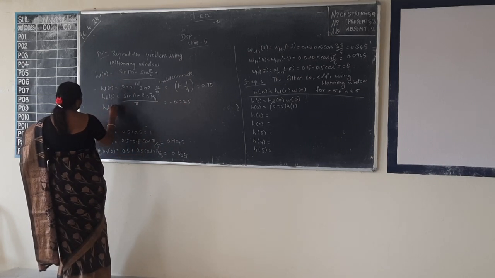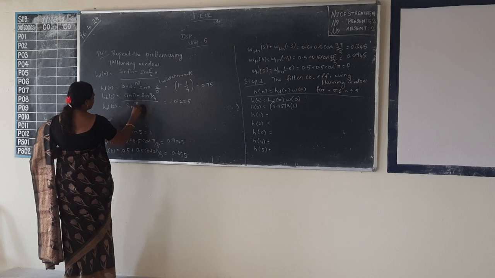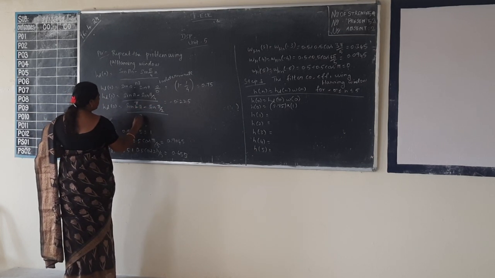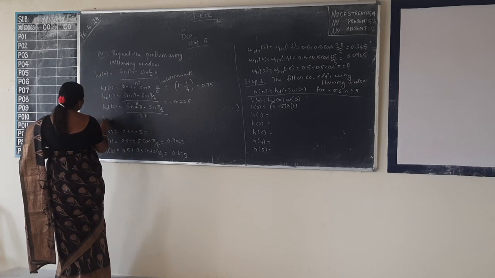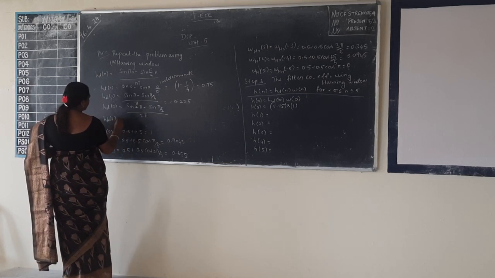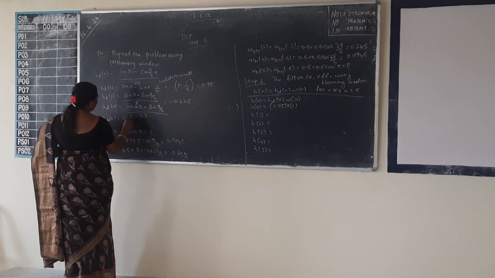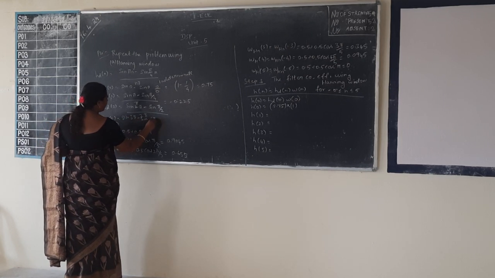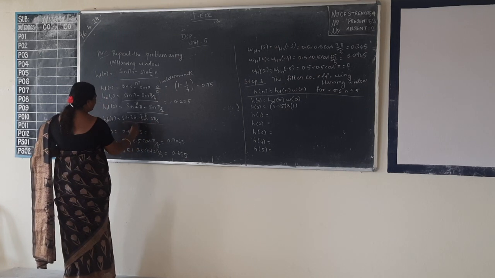Similarly, find out for h of 2. Sin 2 pi minus sin pi by 2 divided by 2 pi. Then h of 3: sin 3 pi minus sin 3 pi by 4 divided by 3 pi.